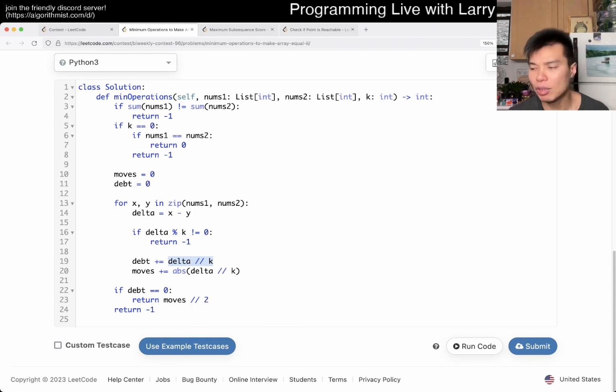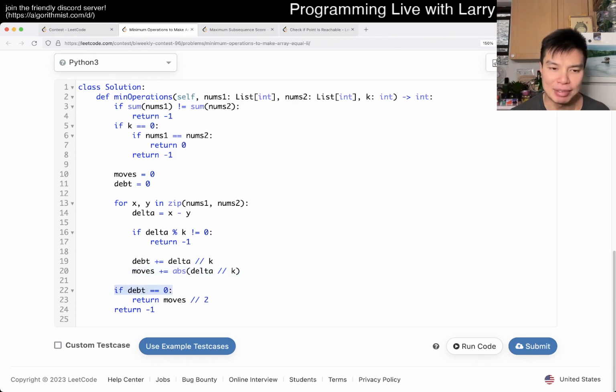What do I mean by it could be negative? That means that I'm just keeping track of whether we add or subtract that number of times, right? And actually, we don't even need to do it by k on this part because everything is divided by k, but I guess that's beside the point. And then the number of moves is just the absolute value of this value.